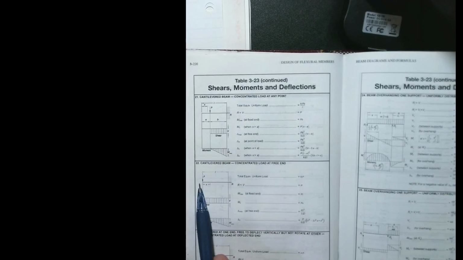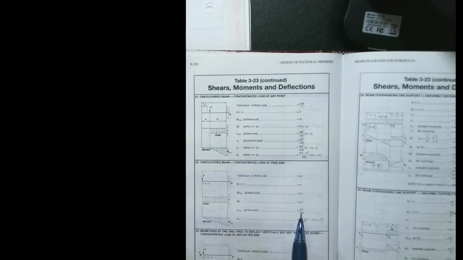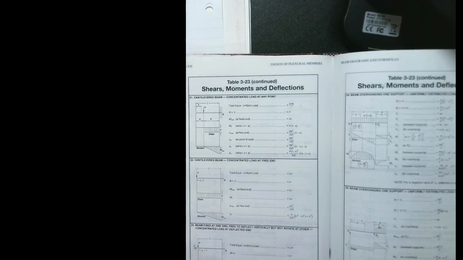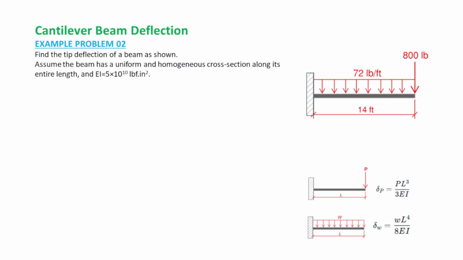For the concentrated load at the tip, you can find it here at table 3-23, we have this formula, PL cube over 3EI. So that is the formula for this cantilever beam.